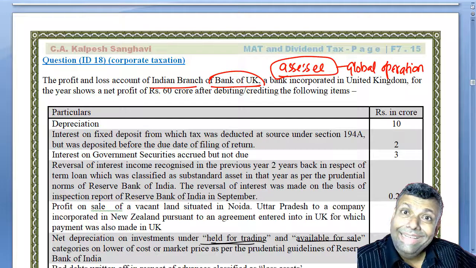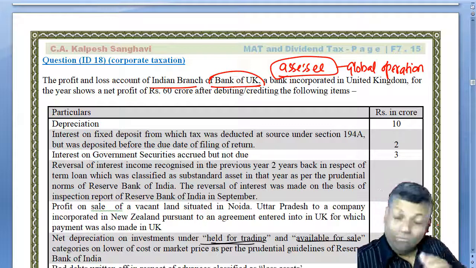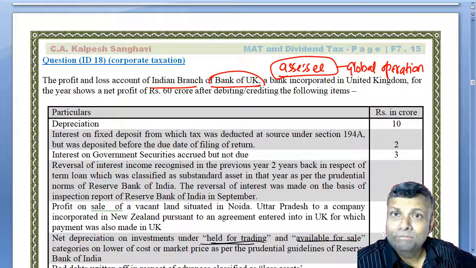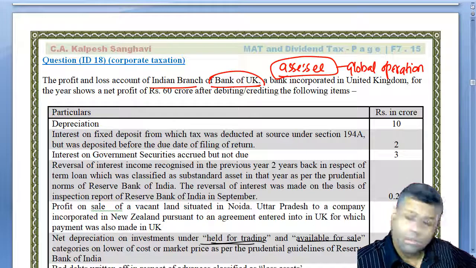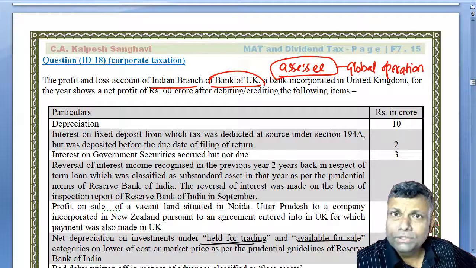So whether the entire global operations of this particular bank will be taxable in India, or only the Indian operation will be taxable, depends on who the assessee is. And these small things really matter in international taxation. In other words, supposing the Indian government says that you are a Bank of UK with so many global subsidiaries.